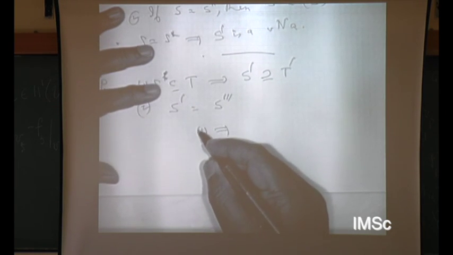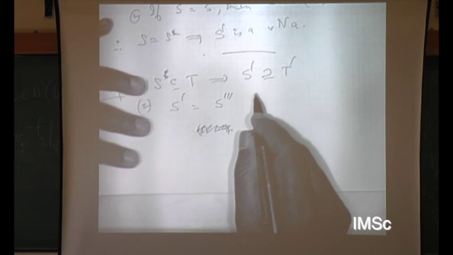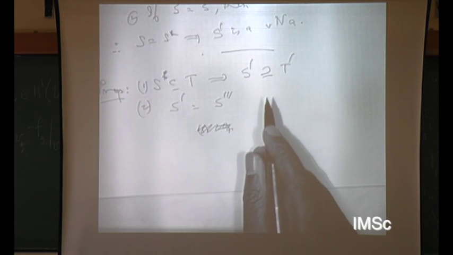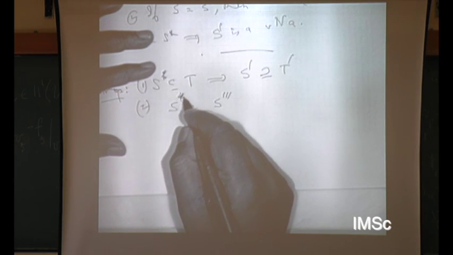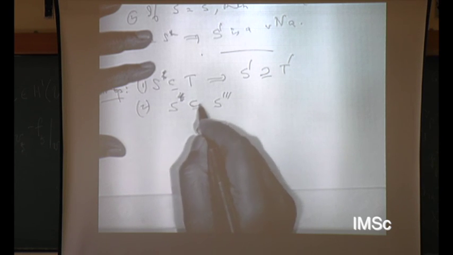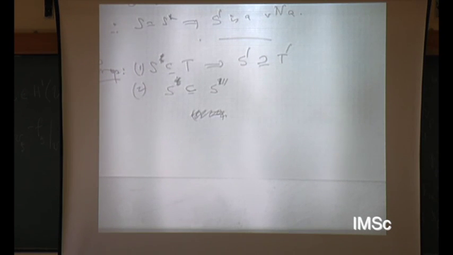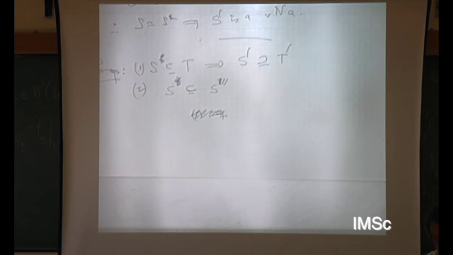Let me write this first: S is a subset of S double prime. To be in S double prime means you must commute with everything in S prime. But by definition, everything in S commutes with everything in S prime.